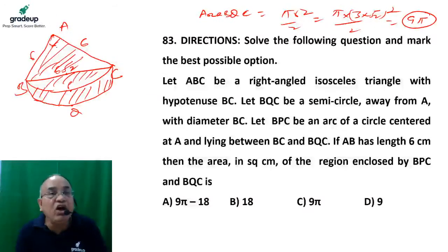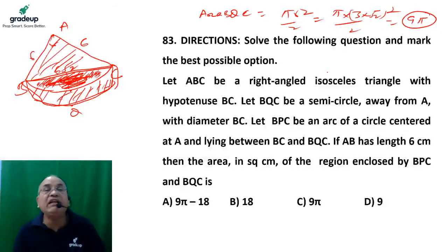If I take the area of this sector away from this portion, then the area of this portion remains, and this is nothing but a kind of segment. So if I take the area of the segment away, the area of the segment is nothing.